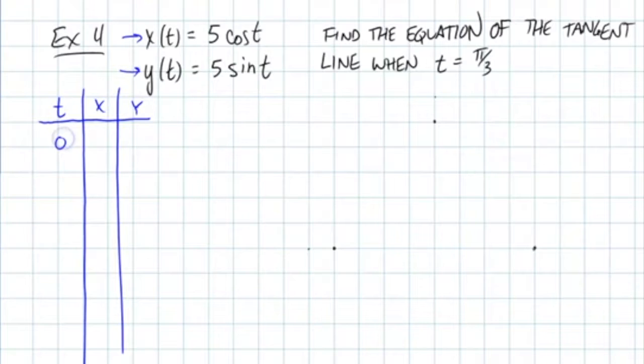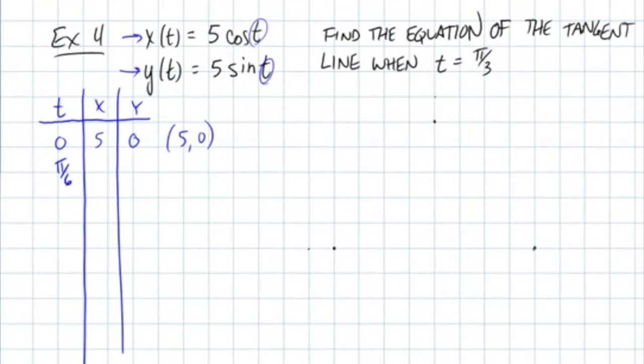So let's start with 0. If we plug 0 in for t in the x equation, 5 times cosine of 0 is 5. 5 times sine of 0 is 0, because sine of 0 is 0. So that corresponds to the point with the coordinates (5, 0).